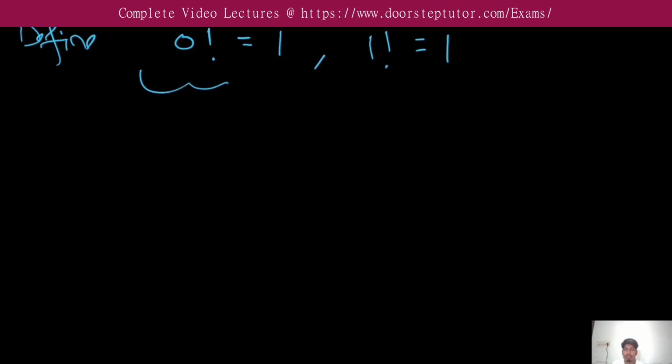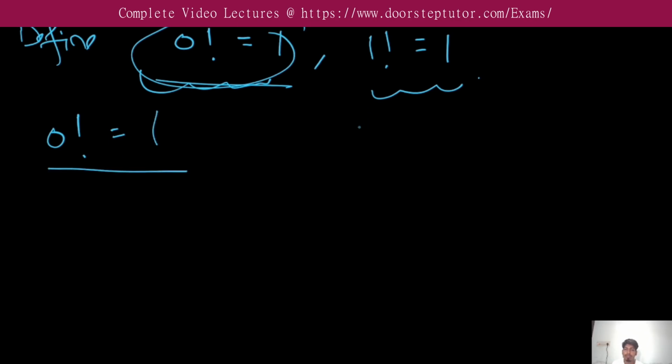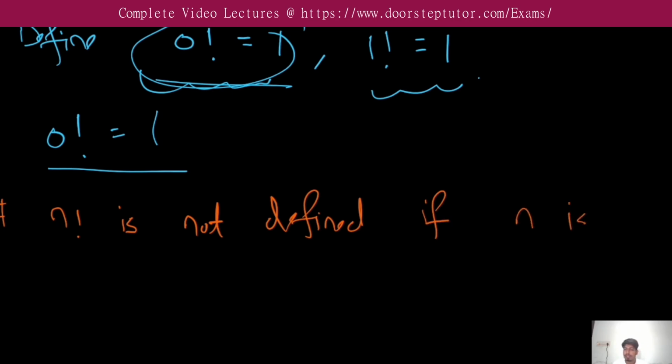This is used because in many questions the direct value is 0 factorial, so we simply take it as 1. Another important thing is that factorial n is not defined if n is negative.